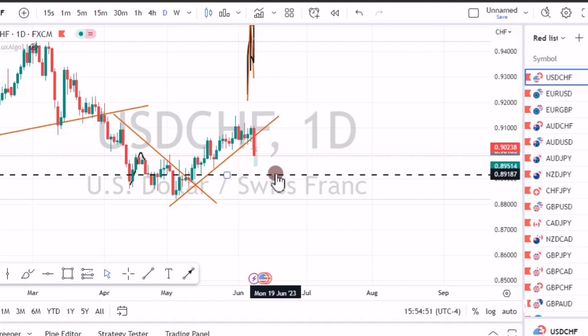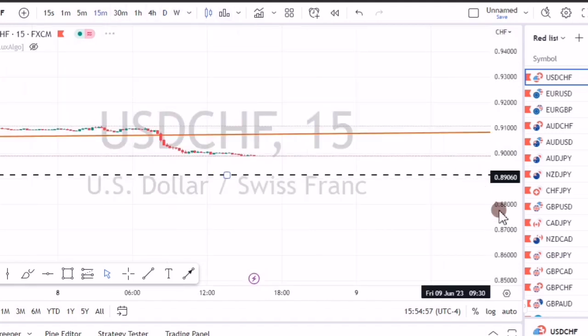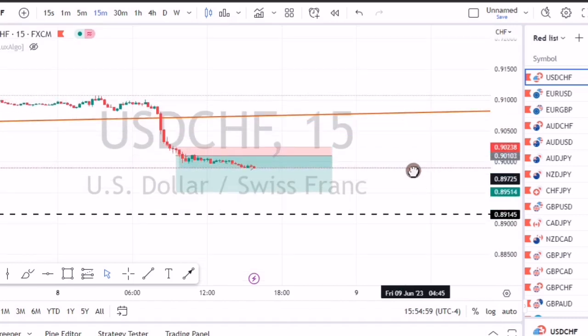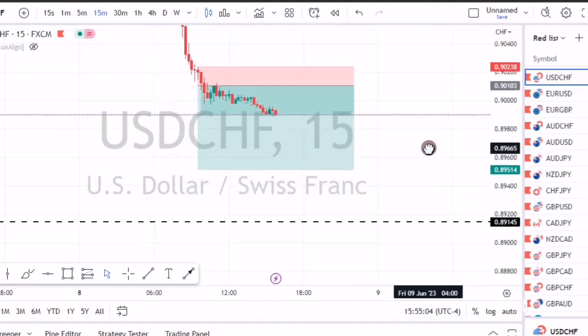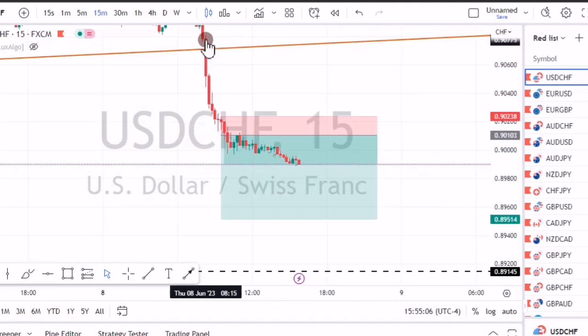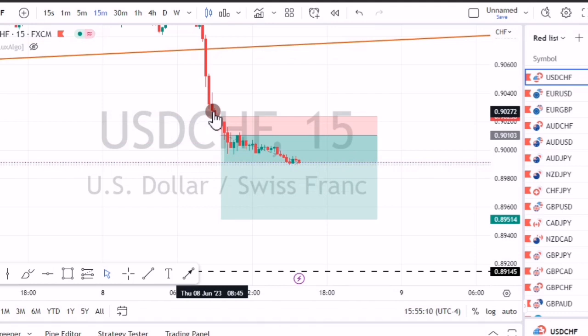Okay, so that is why when I saw price on the smaller time frame, my smaller time frame is the 15-minute time frame, when I saw price making this aggressive move, first thing I knew that it was the London session, so it was the right time to trade this pair.